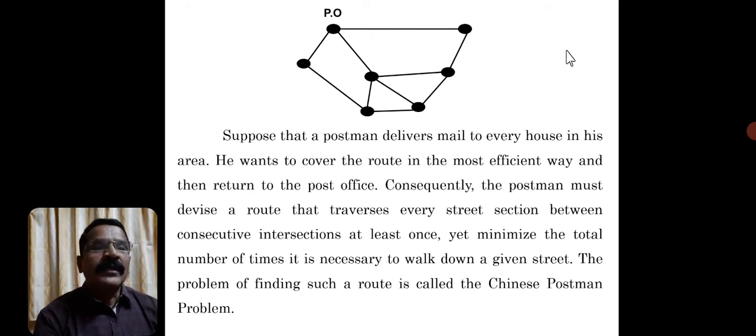He wants to cover the route in the most efficient way and then return to the post office. Consequently, the postman must devise a route that traverses every street section between consecutive intersections at least once, yet minimizes the total number of times it is necessary to walk down a given street. The problem of finding such a route is called the Chinese postman problem.